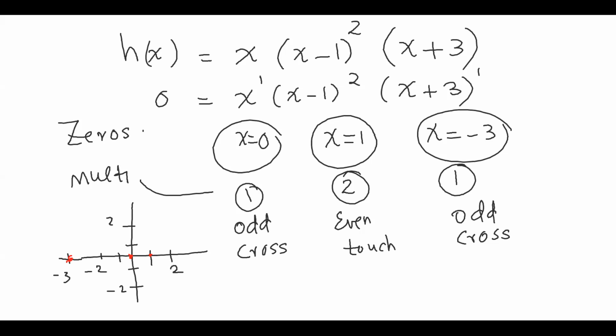So the graph goes like this. And then it's going to touch at x equals 1. So it's going to touch and then go. It's not crossing the x-axis. However, at these two points, they are crossing. It just touches and then it goes. Is that clear?